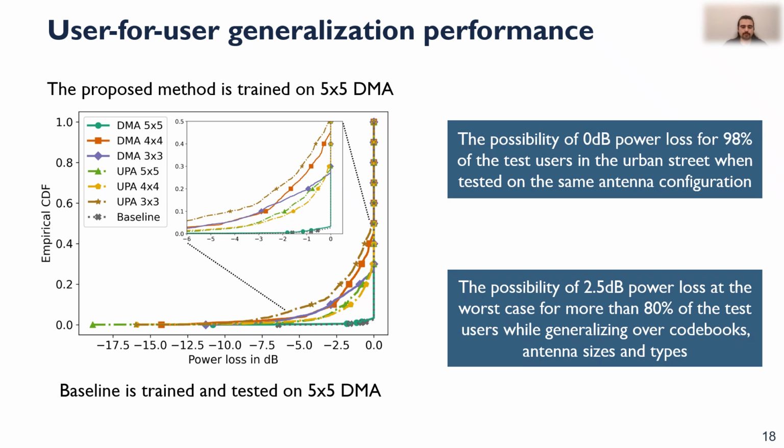So overall, there is a possibility of 0 dB power loss for 98% of the test users in the urban street when tested on the same antenna configuration. And a 2.5 dB power loss at the worst case is achieved for more than 80% of the test users, while generalizing over codebooks, antenna sizes, and types. And the baseline is also trained and tested on 5x5 DMA in this plot.